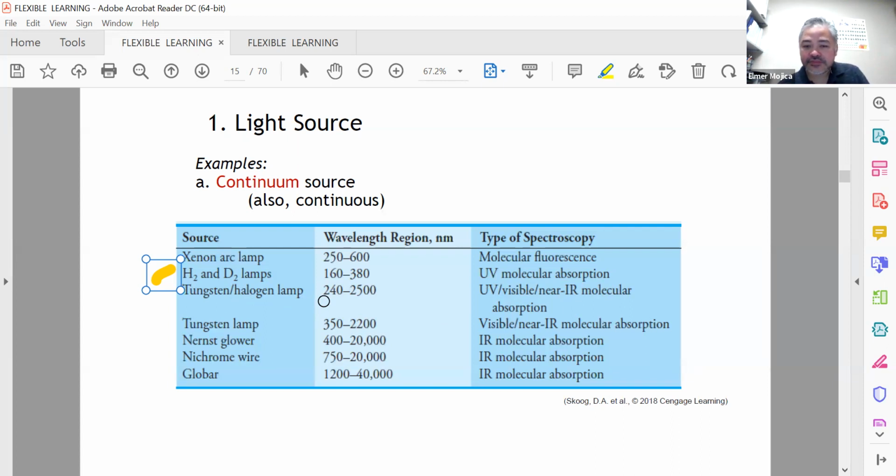If you're going to use molecular fluorescence, the xenon arc lamp is the common light source. You can also have other light sources depending on the type of spectroscopy that you use. For visible and near IR, usually you have a tungsten lamp. In the IR, you can have a Nernst glower, nichrome wire, or the so-called glow bar.